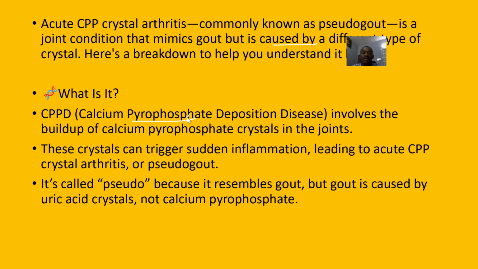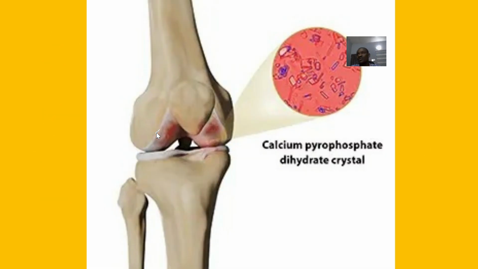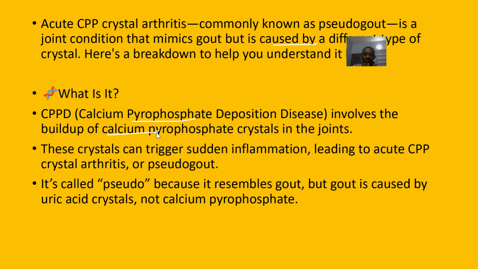It involves a buildup of calcium pyrophosphate crystals in joints. Most of the time you see them talking about the knee joint, because the knee joint is mostly affected by this. These crystals can trigger a lot of inflammation, leading to acute CPPD crystal arthritis.